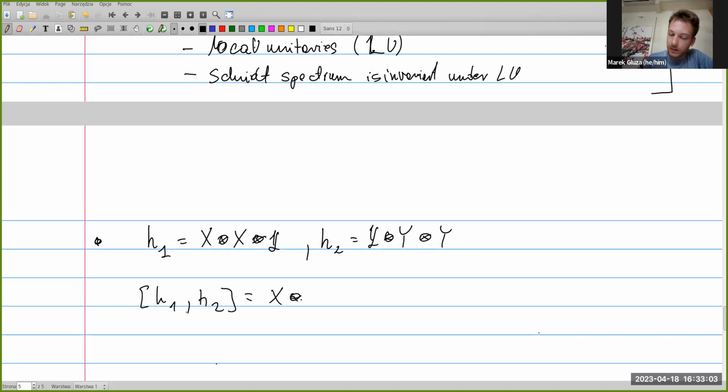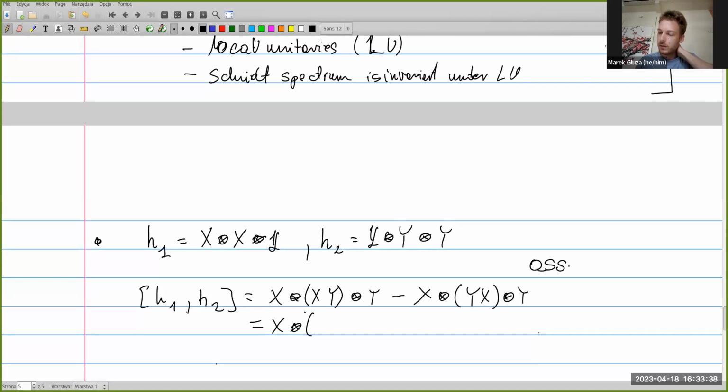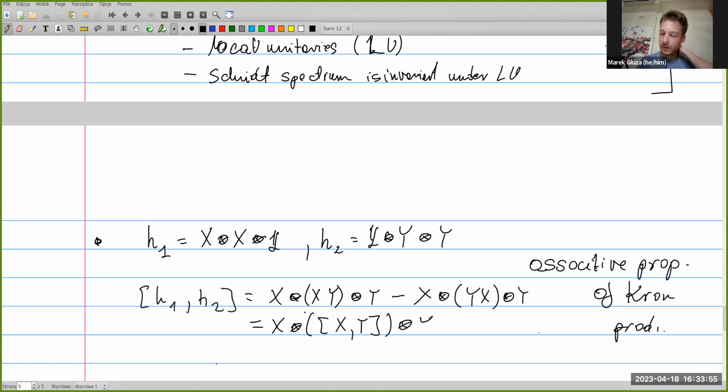This will be X tensor X, Y together, tensor Y, minus X tensor YX tensor Y. And using the associativity of the Kronecker product, as on Wikipedia, we know what the commutator of XY is, it's Z. So we get something which is proportional to X tensor Z tensor Y.